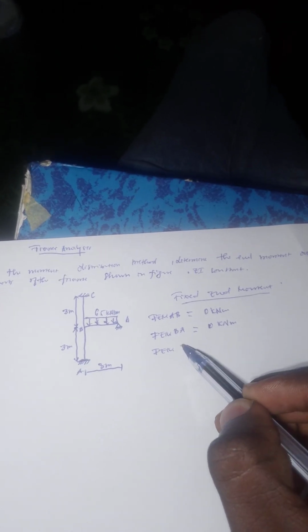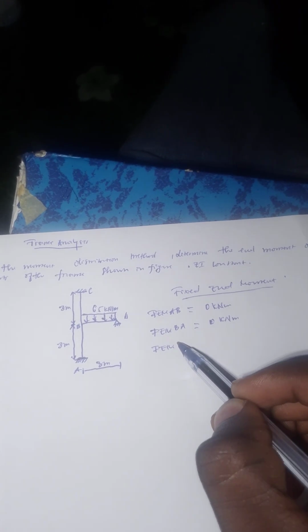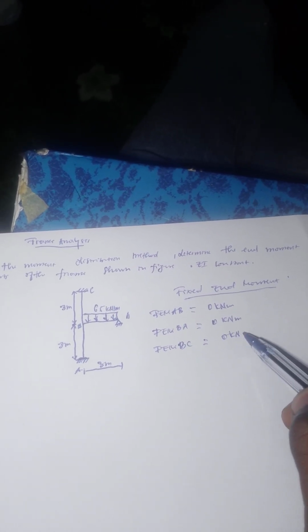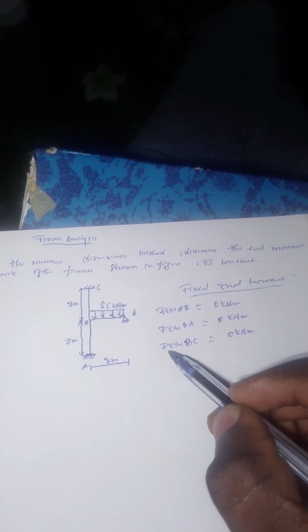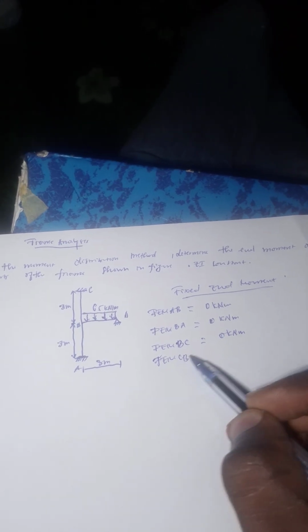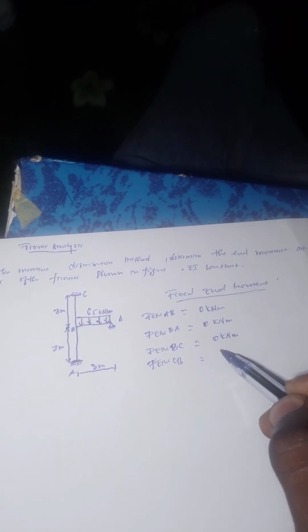Then fixed end moment BC must be equal to 0 kilonewton meter. Then it's the same here, fixed end moment CB is equal to 0 kilonewton meter.